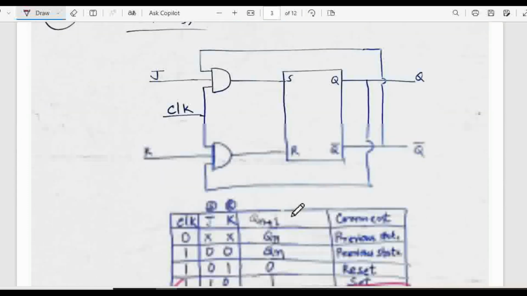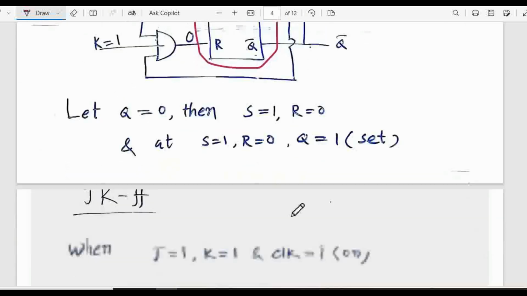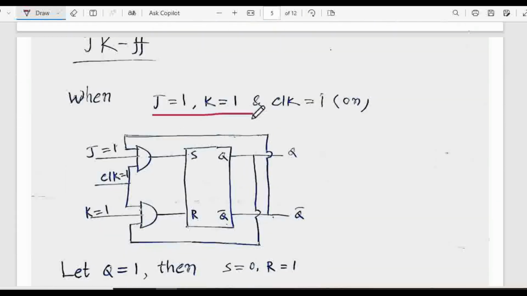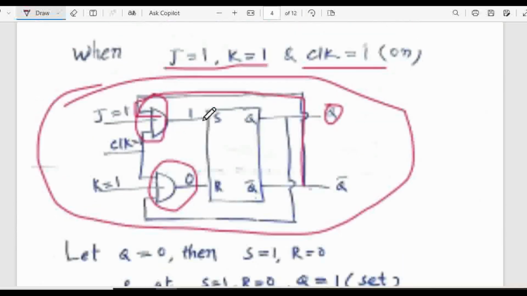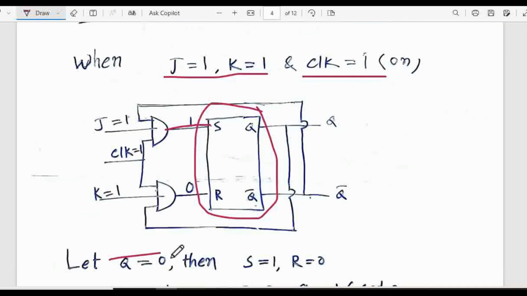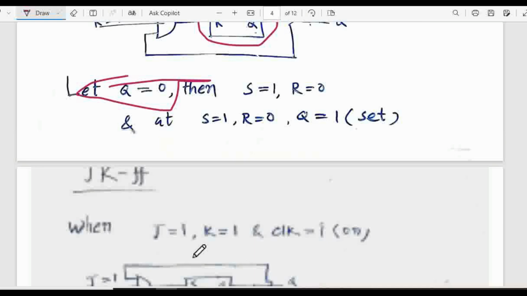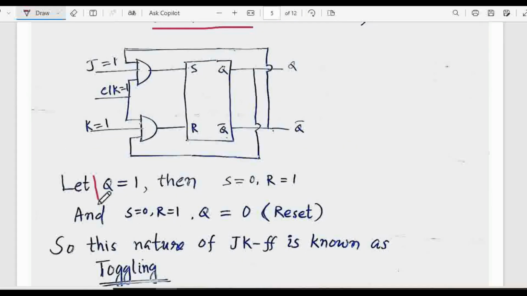Similarly, if you take this condition, j equal to 1, k equal to 1 and clock is on, but now assume Q equal to 1. In the previous condition we had assumed Q equal to 0, but here we are assuming Q equal to 1, and if you apply this condition, you will get s equal to 0, r equal to 1.